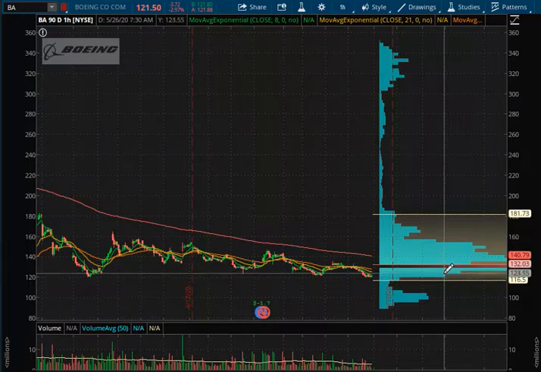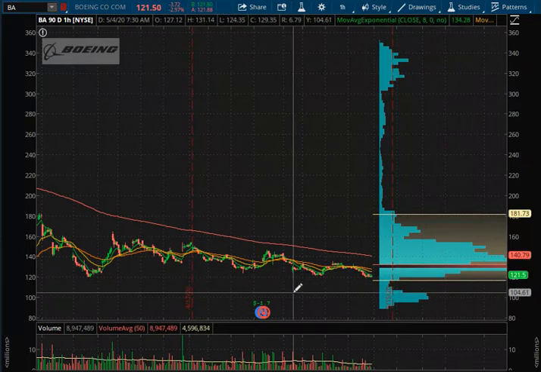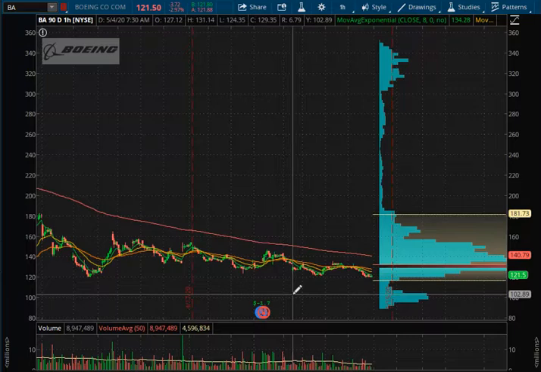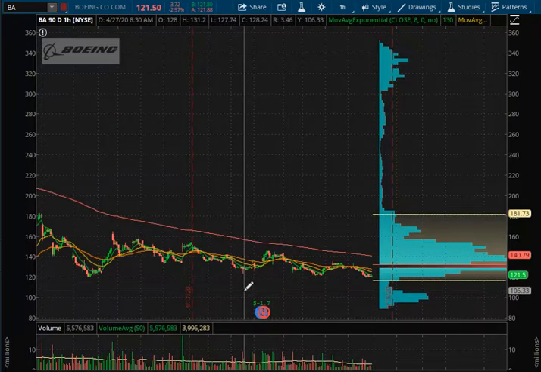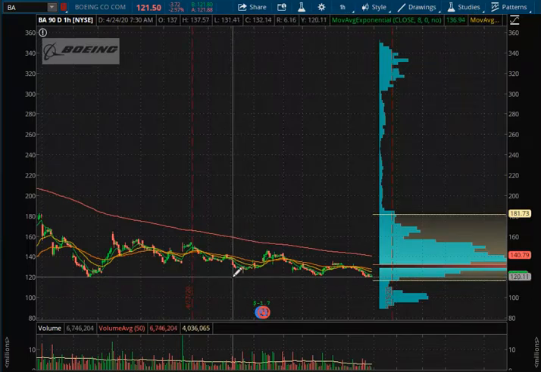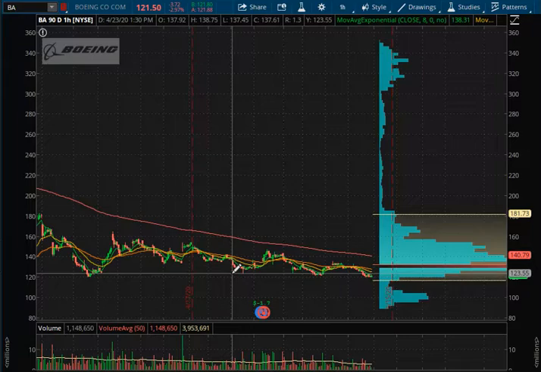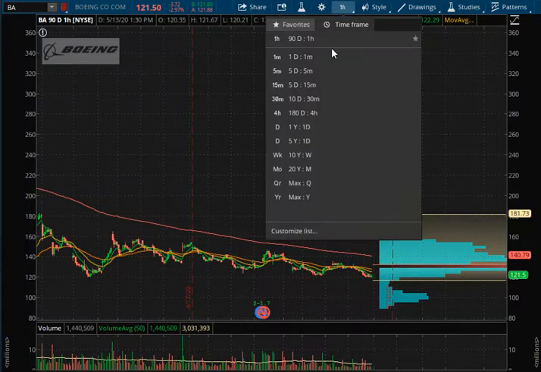And coming down, I was looking at this low, which is 124.35, and I was looking at this low, which is 123.83. So I rounded out to 124, and I said, okay, 124 is where I'm going to short.